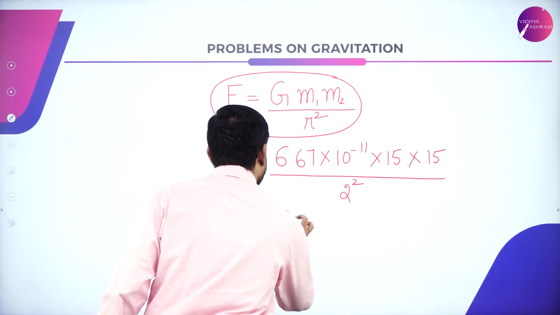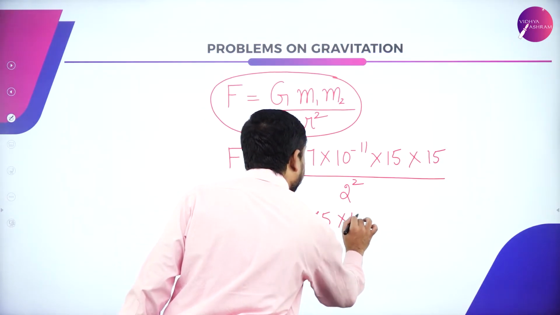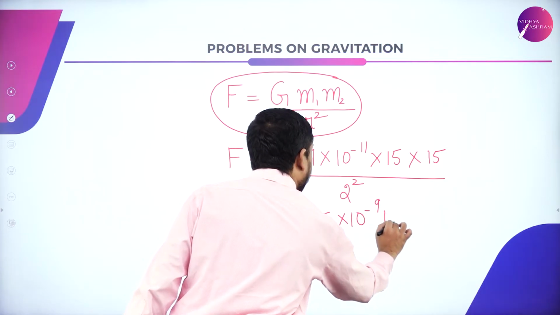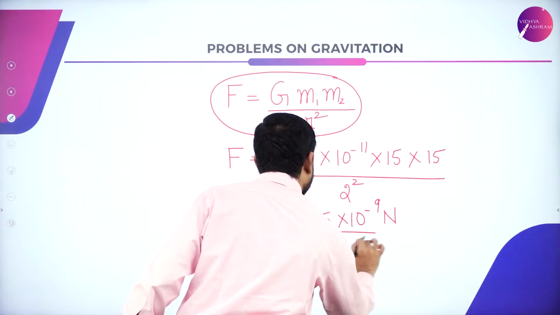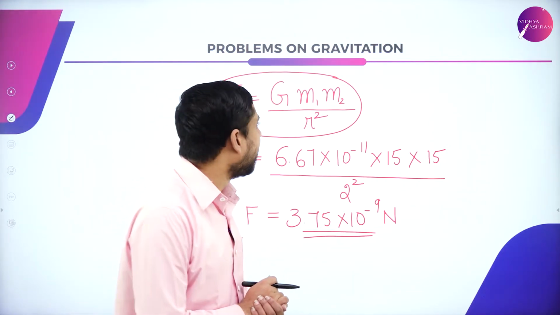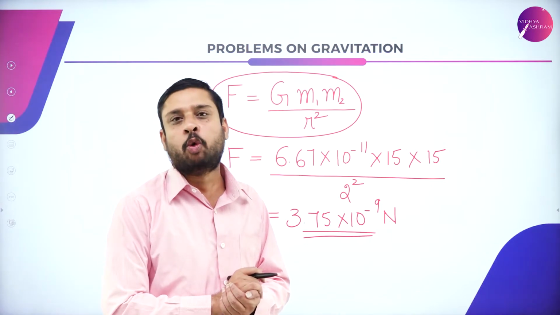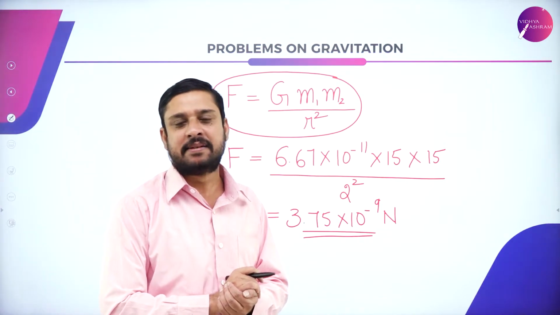And on simplification, this is 3.75 into 10 power minus 9 Newton. So this is the gravitational force between the two bodies.